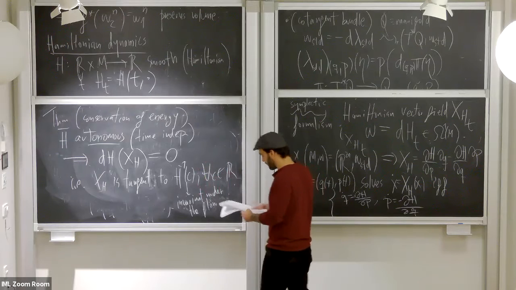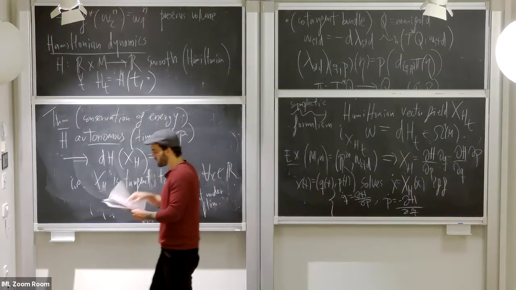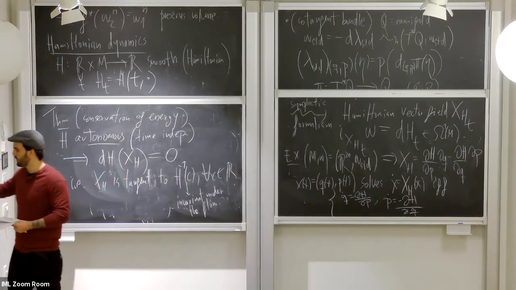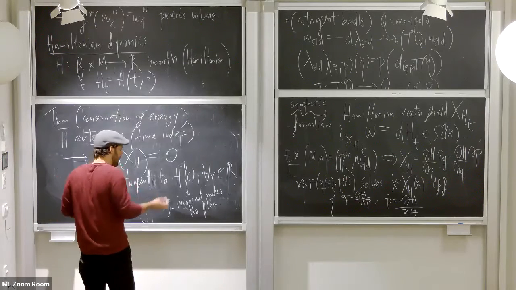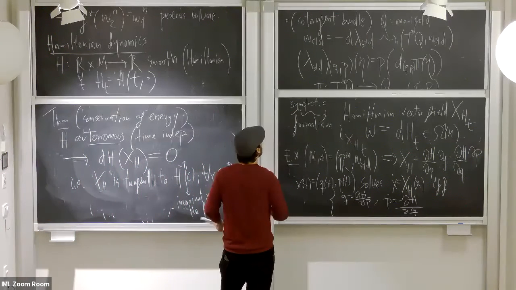Okay, so we've used this in the first lecture for the case of the three-body problem, because we actually had an autonomous Hamiltonian by some magic trick.